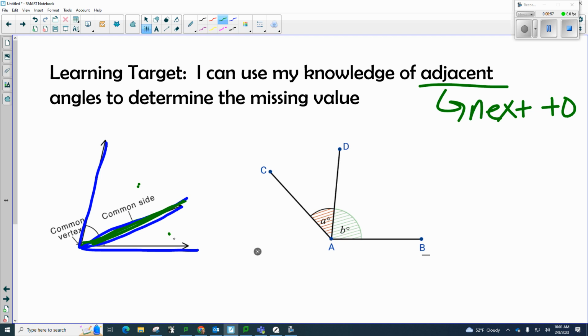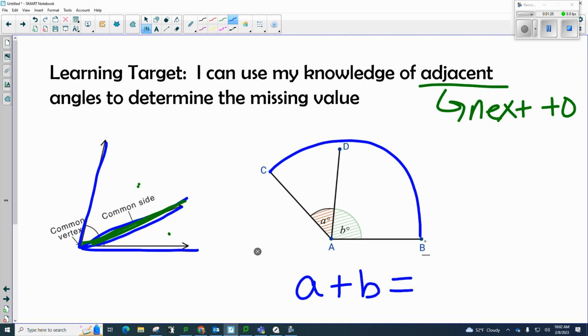There's an interesting relationship with adjacent angles. If I have angle A there, it's A degrees, it could be any number. And if I add it to angle B, which looks like maybe a little less than 90 degrees, it's going to equal the whole big angle.